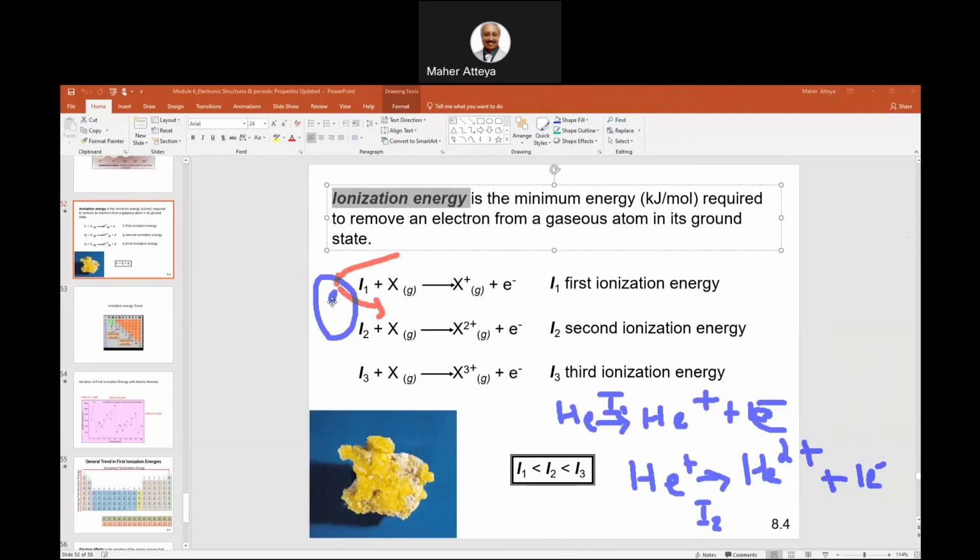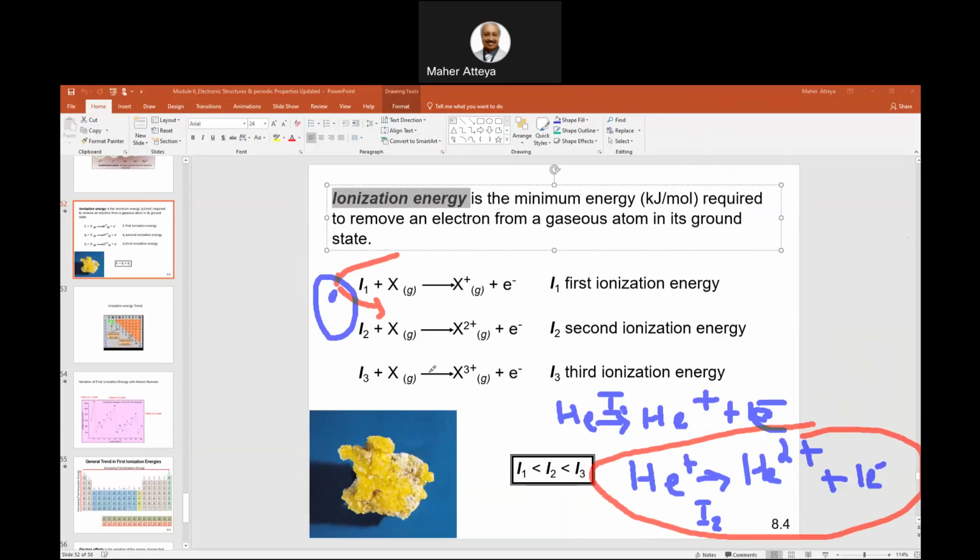The one closer to the nucleus, because the nucleus is positive and will be more attracted to the electron, correct? So this one here you need tremendous energy to take out, because it's very, very close to the nucleus. The other one is far away from the nucleus, so it's easy to kick out.